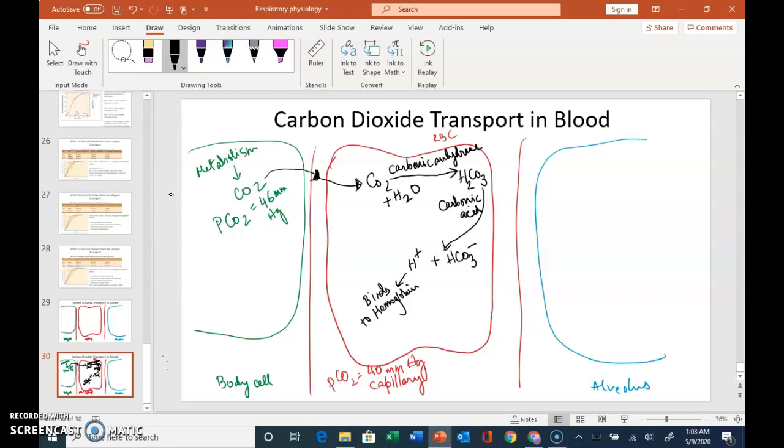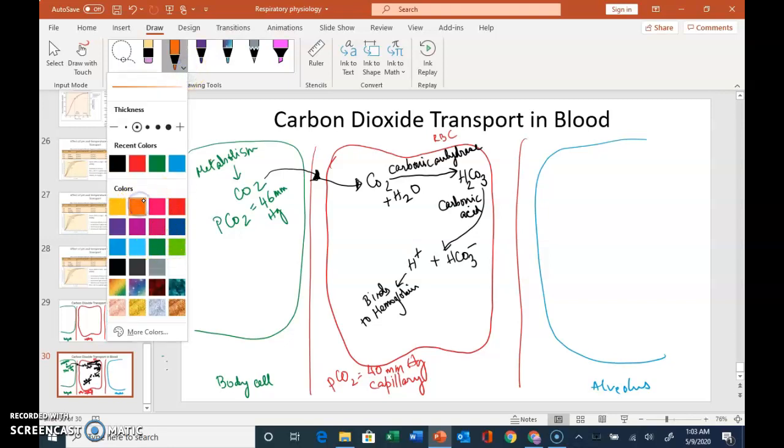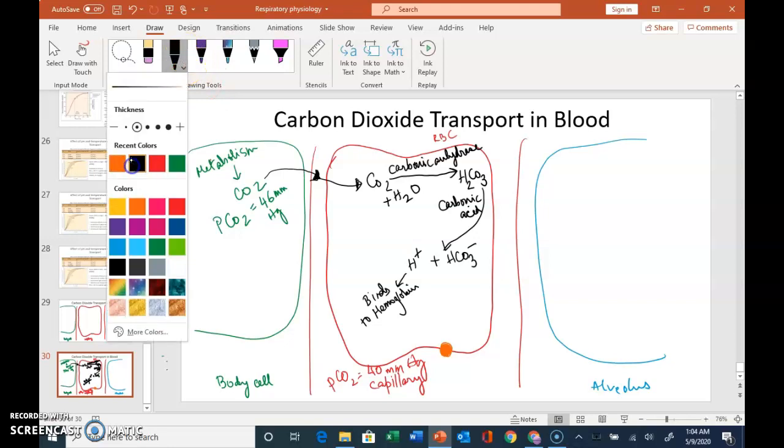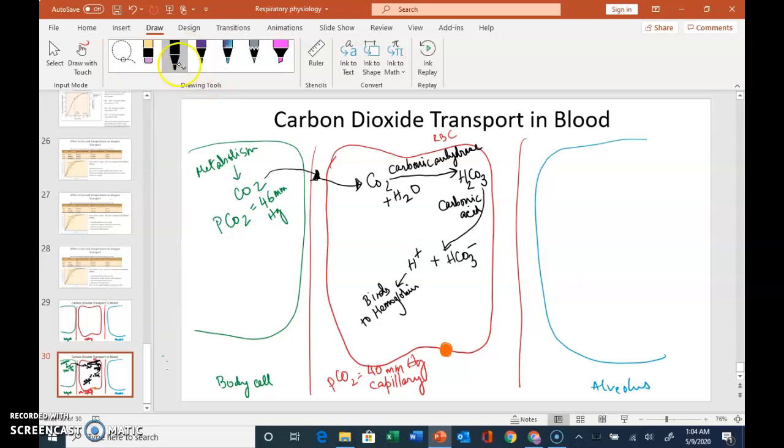Okay. And the bicarbonate, what happens to bicarbonate? There is a transporter here. With the help of this transporter, the bicarbonate leaves, let me use a different color. The bicarbonate leaves the RBC and comes into the plasma. So we have a lot of bicarbonate in plasma now.